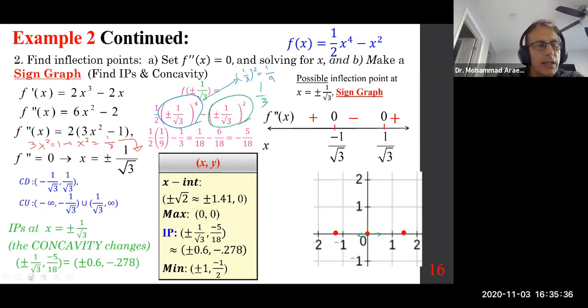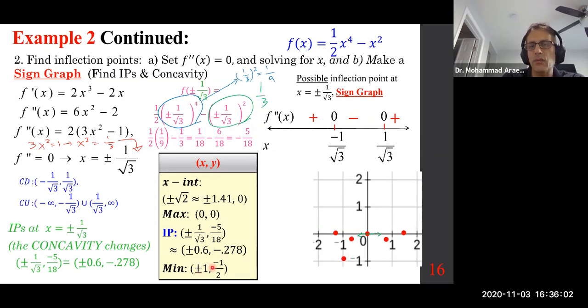Then the inflection points, okay, instead of 1 over square root of 3, we put 0.6, because it's easier to see. And the other one is negative 0.3, let's say. So this is one of them. Negative 0.6, negative 0.3, positive 0.6, positive and negative 0.3, and then the minimum points.